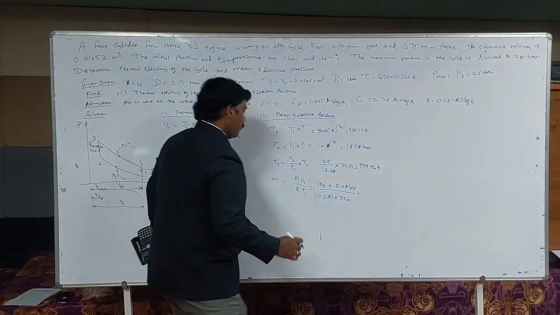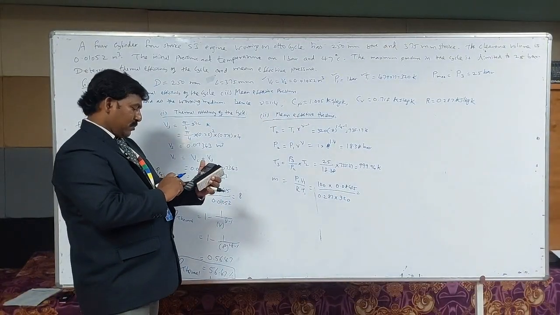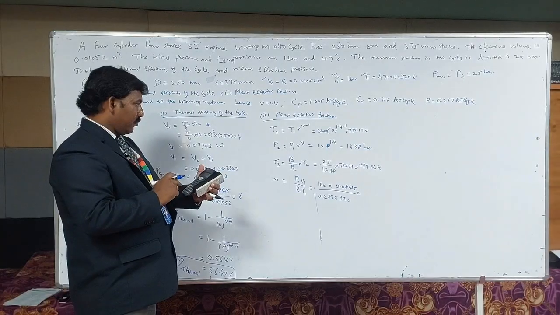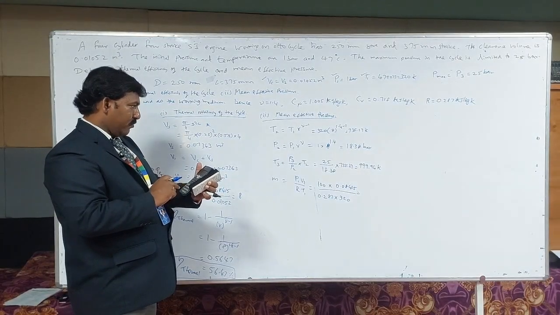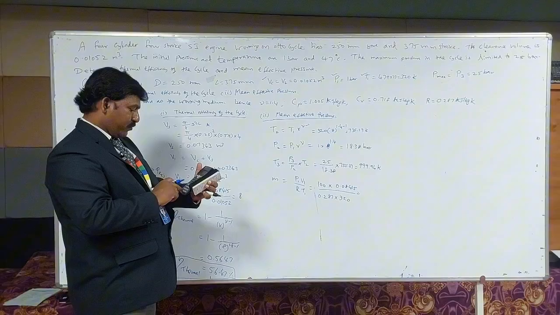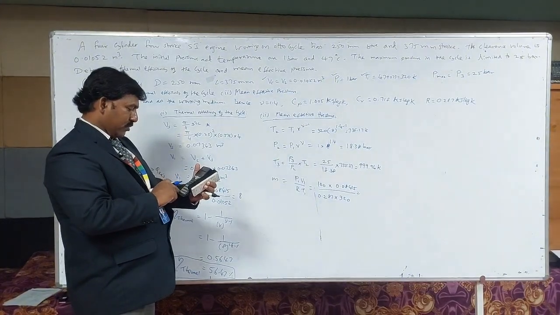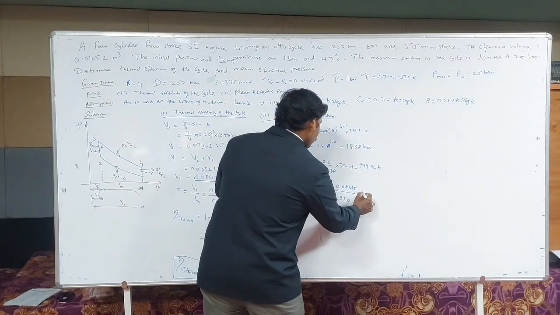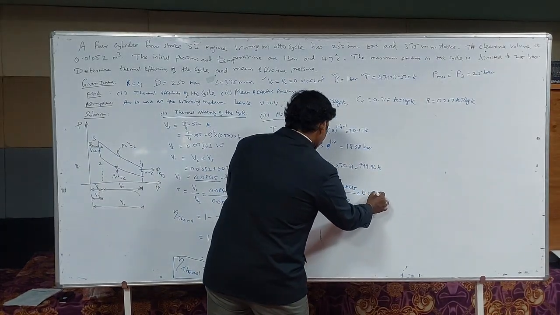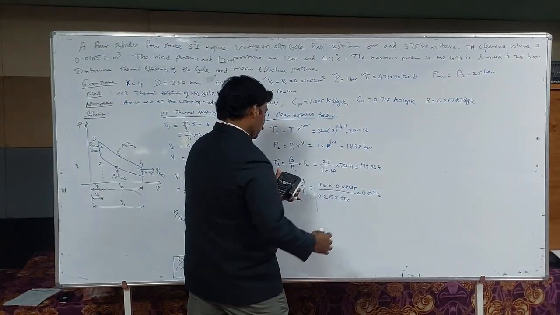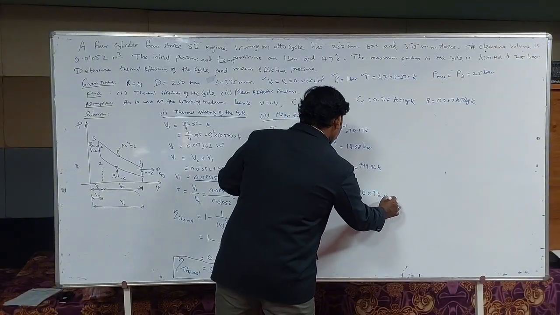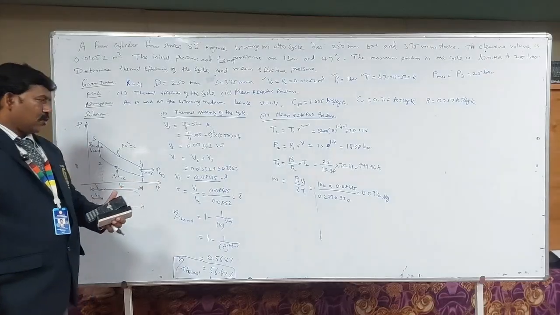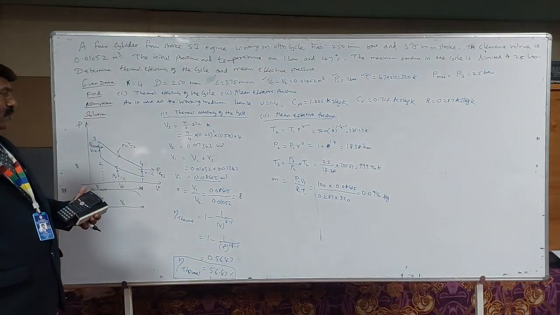If you calculate these values, 100 into 0.08415 divided by 0.287 and divided by 320, you get 0.0916 kilogram of air. So 0.0916 kilogram of air is the mass.